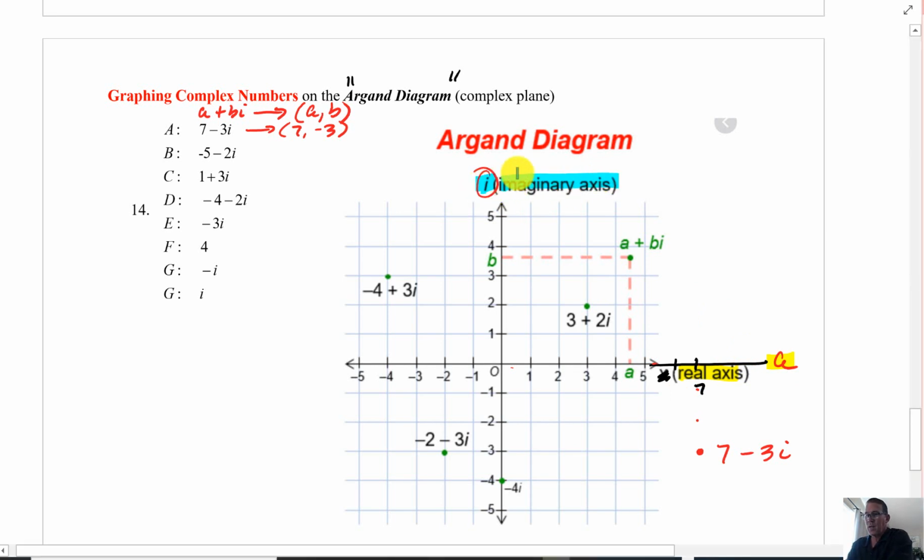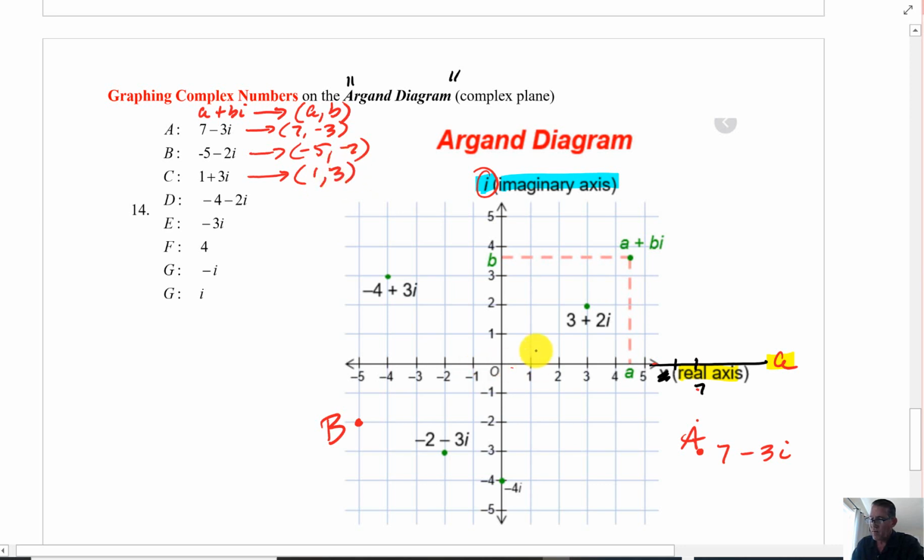Okay, and then the next one, how do you graph negative 5 minus 2i? We interpret that as negative 5 comma negative 2. So you go left 5, down 2. That would be B. Over here, this would be A, the first one. For 1 plus 3i, we interpret it as 1 comma 3.